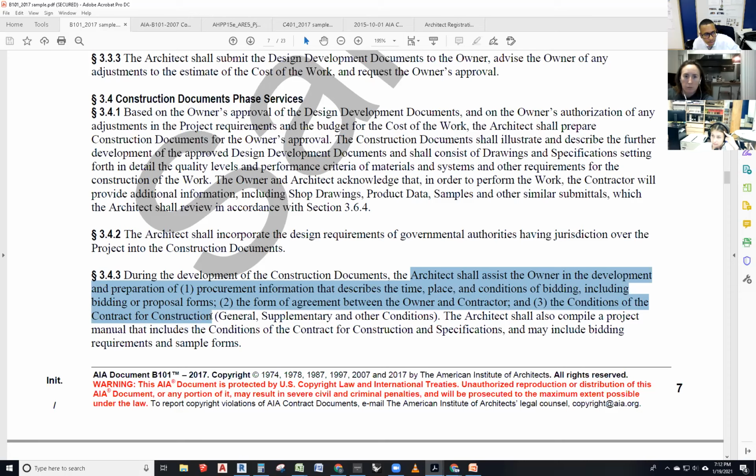Remember A201. But there is a general, which is the A201, but there is also the supplementary, which is part of the spec, and other conditions. The architect shall also compile a project manual that includes the conditions of the contract for construction and the specifications and may include bidding requirements and sample forms. All right.